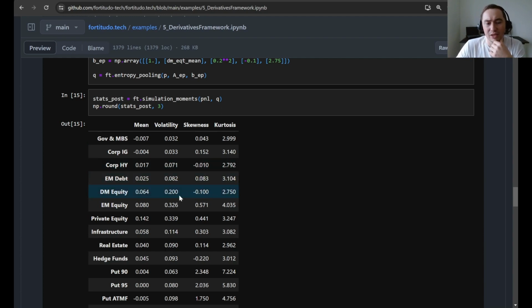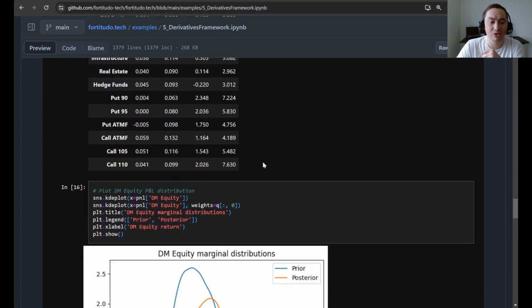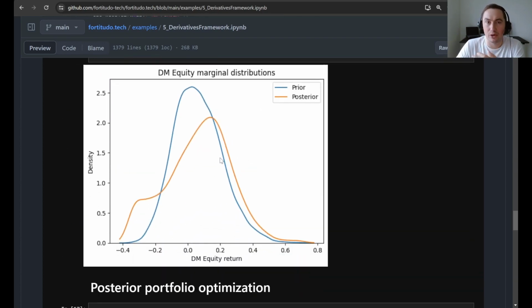Sometimes when you just look at the combination of skewness and kurtosis, it can be hard to assess what that has really done to the distribution. So what I like to do is just to plot the distribution of the DM equity returns. So the prior distribution, which is just this log normal, and then the posterior. And then you can see that with this posterior distribution I've introduced some really nasty left tails in this simulation.